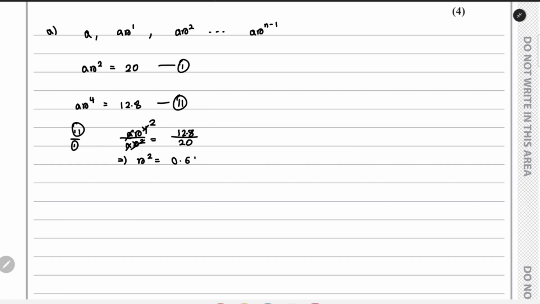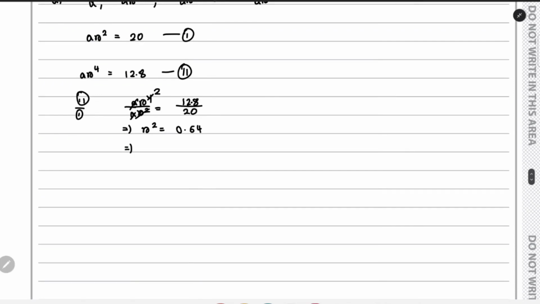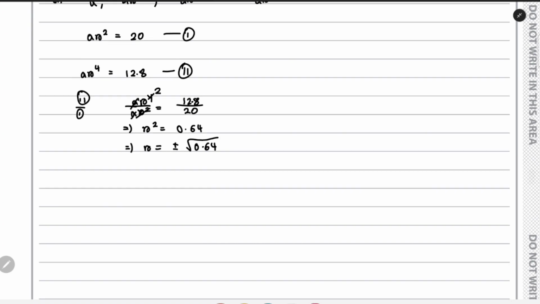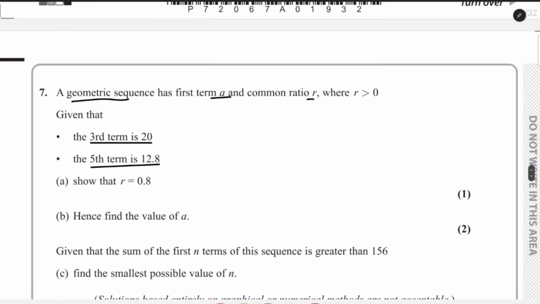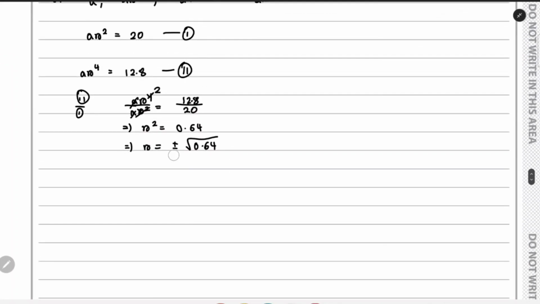So r² is 0.64. r would be plus or minus the square root of 0.64. Now we know that r is greater than 0, so we do not need to take the negative answer. So r equals 0.8, shown.